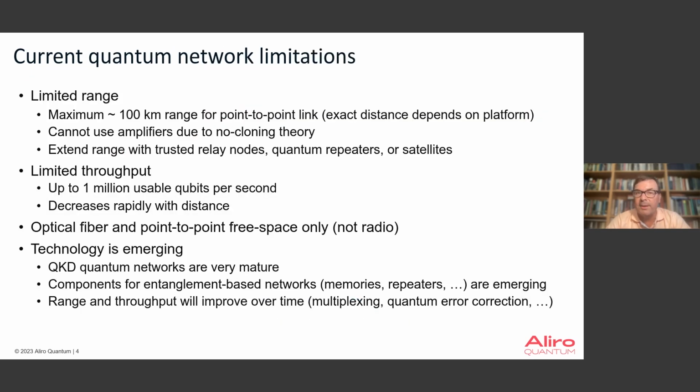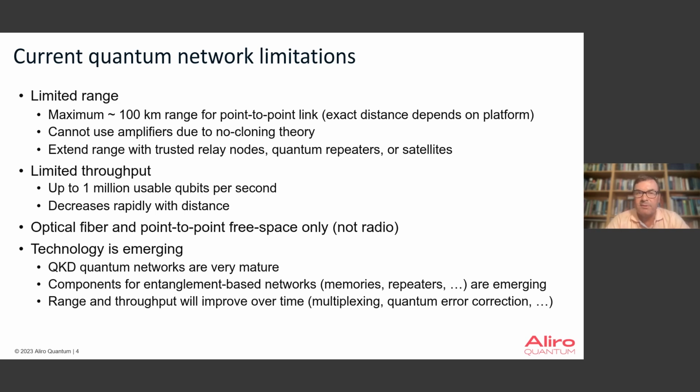Now, while quantum networks enable new applications, they also have their unique limitations. Most of these limitations are caused by the fact that quantum networks use extremely weak light pulses, typically single photons. These single photons are susceptible to loss, which increases exponentially with the distance of the optical fiber. As a result, the range of a quantum network point-to-point link is limited.